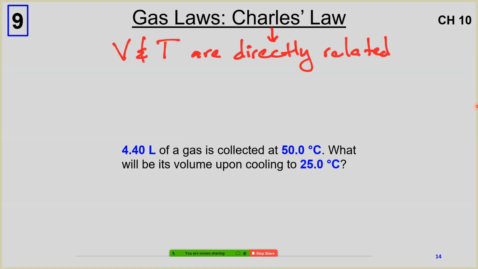So that means that if you were to increase the temperature, keeping the number of moles and pressure constant, then volume has to expand. This is when N, the number of moles, and the pressure are constant.